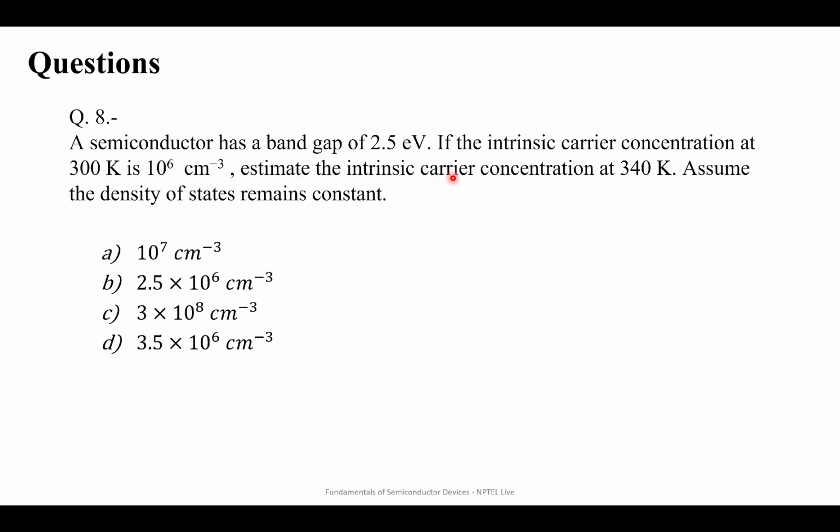This is also a numerical question. A semiconductor has a band gap of 2.5 electron volts. If the intrinsic carrier concentration at 300 Kelvin is given as 10 power 6 per centimeter cube, estimate the intrinsic carrier concentration at 340 Kelvin.